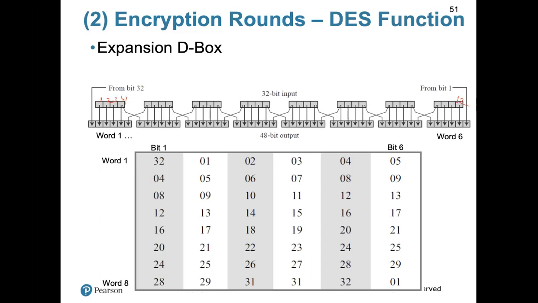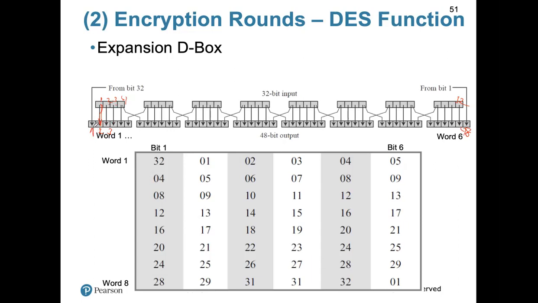And altogether this is 32 bits. And this is the output, bit number 1, bit number 2, bit number 3, all the way to bit number 48. So bit 1 of the data goes to bit 2 of the output. Bit 2 goes to bit 3. Bit 3 goes to bit 4.